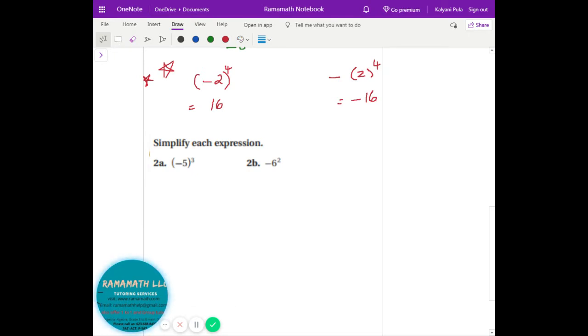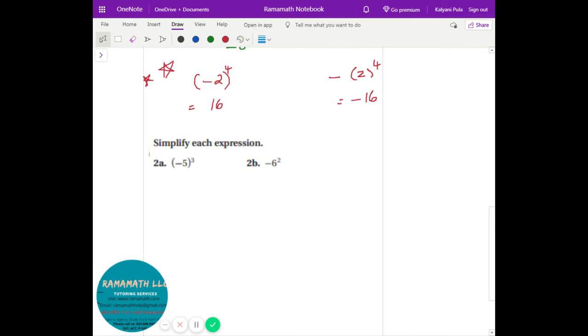Now let's check this one quickly. I have -6 to the second exponent, squared. Now let's check the answer.